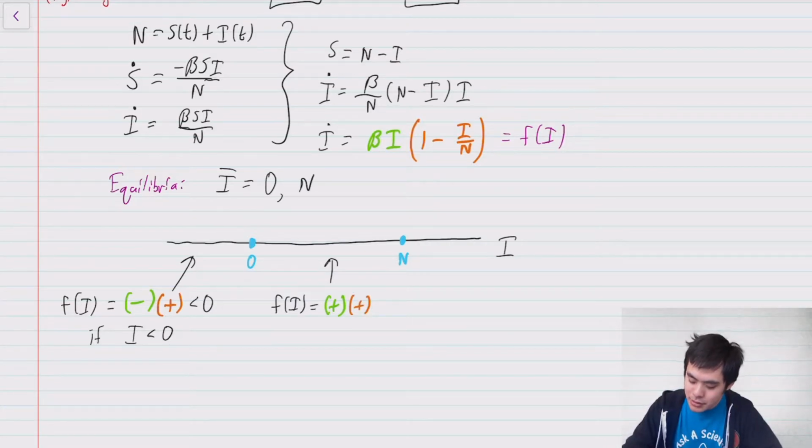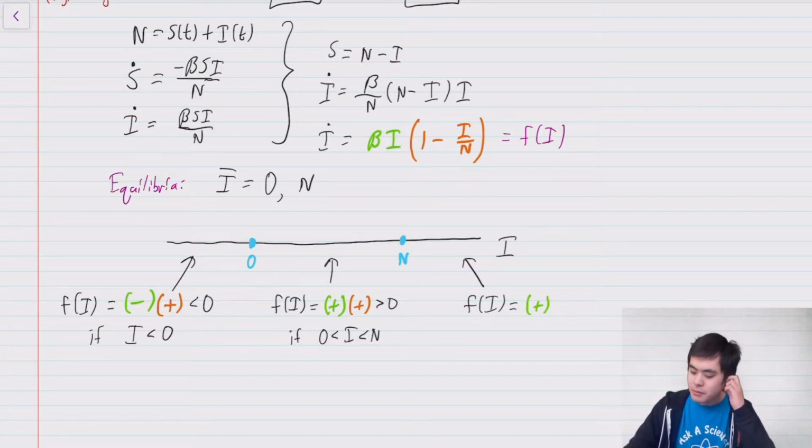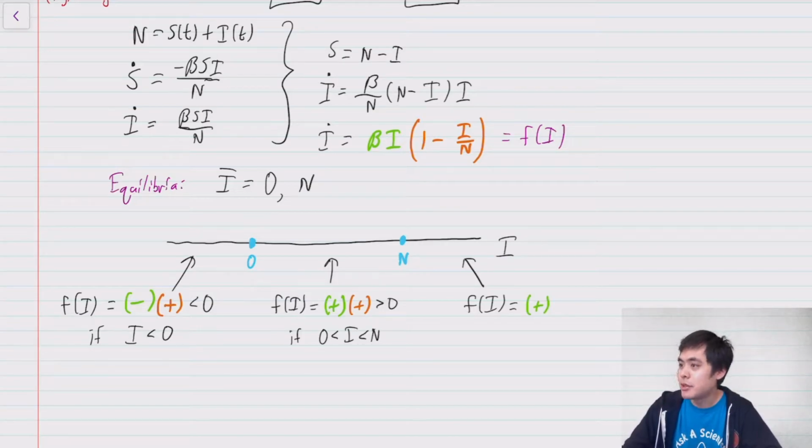And so f of I is greater than 0 if I is greater than 0 and less than N. And lastly, over here, I is still positive, but because I is bigger than N, I over N is greater than 1, so 1 minus I over N is now negative, which means f of I is less than 0 if I is greater than N.